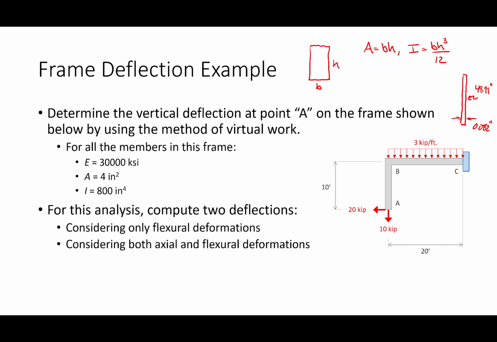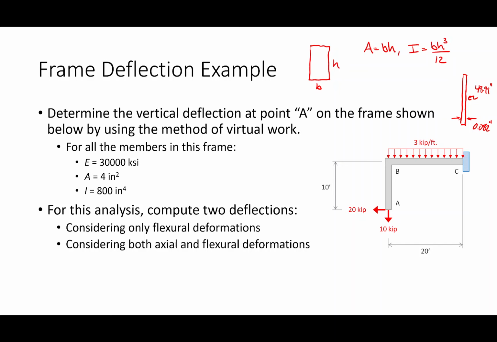That's stupid. But I'm trying to make the point that if there's any beam that is going to have a ridiculous amount of flexural stiffness with a really small area, this is about as crazy as it could get. And you'll see what I mean as we get into the example.